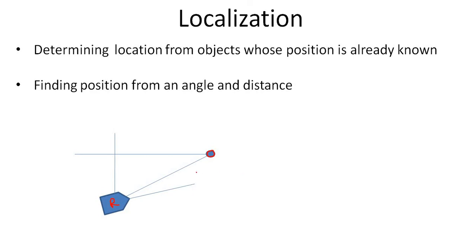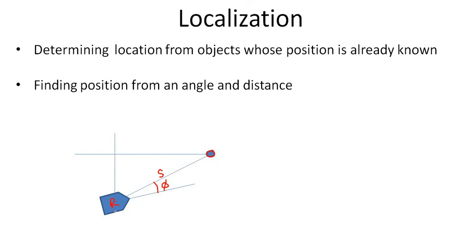For example, this distance, let's say this is S, and this angle, let's call it phi. So these two measurements are available.